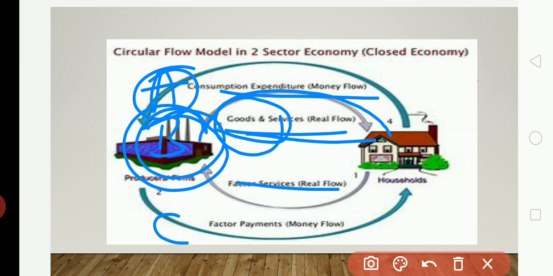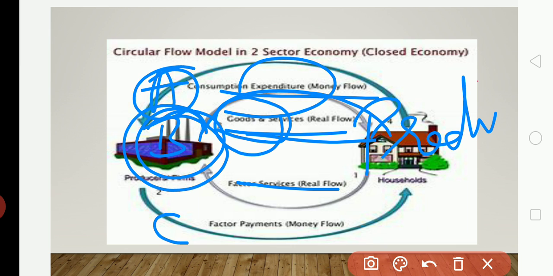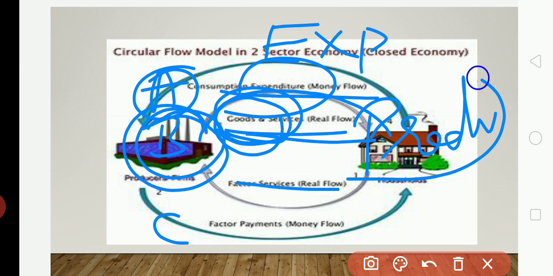At point B, if you calculate what goods are produced in a country in a year, and all those goods' value is considered, it is said to be the product method. When we calculate all the expenditure of the household, we call it the expenditure method. When we consider all the goods produced in the country, the final goods value, we call it the product method.